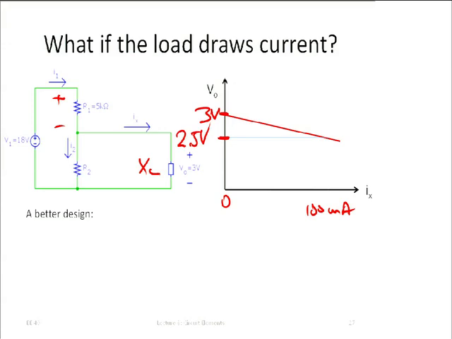Now, I already kind of drew how we are going to design our power supply here. When no current is flowing, the voltage is highest, and the highest voltage that our component tolerates is 3 volts. Consequently, that's what we pick for a current of 0.